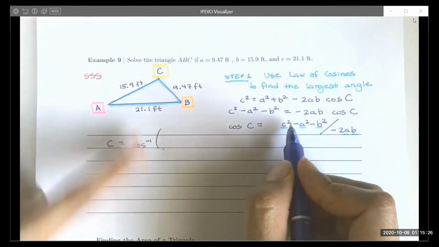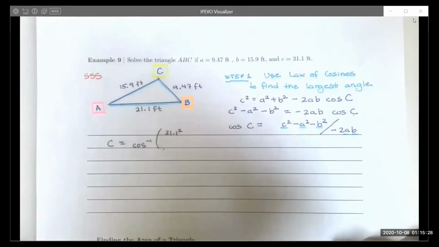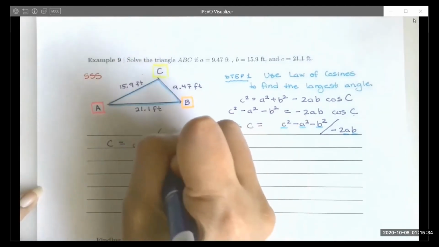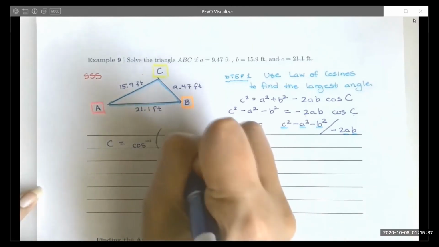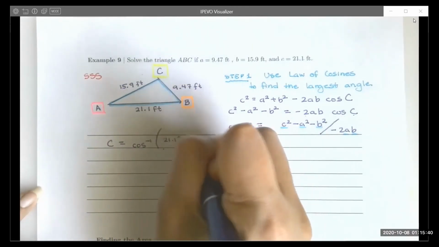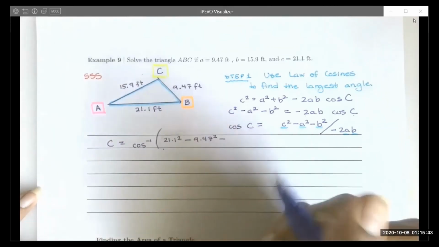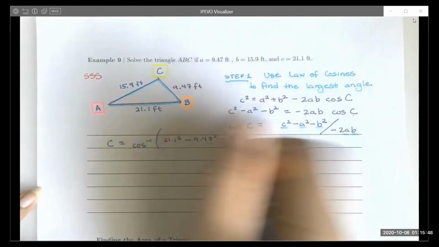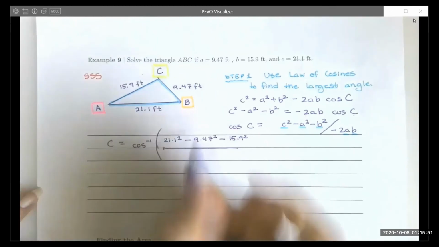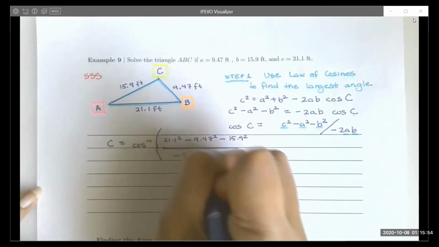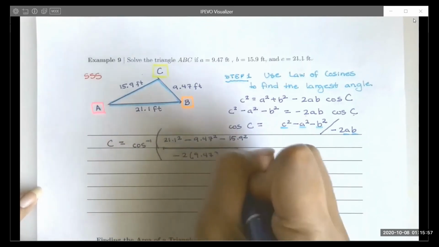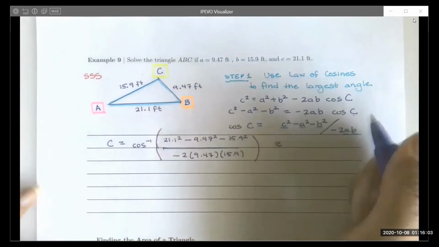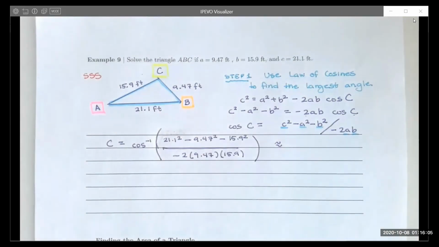So C squared would be 21.1 squared, minus A squared, so that would be minus 9.47 squared, minus B squared, that is 15.9 squared, and then divided by negative 2 times A, which is 9.47, times B, which is 15.9. Okay, and let's see what that gives us.